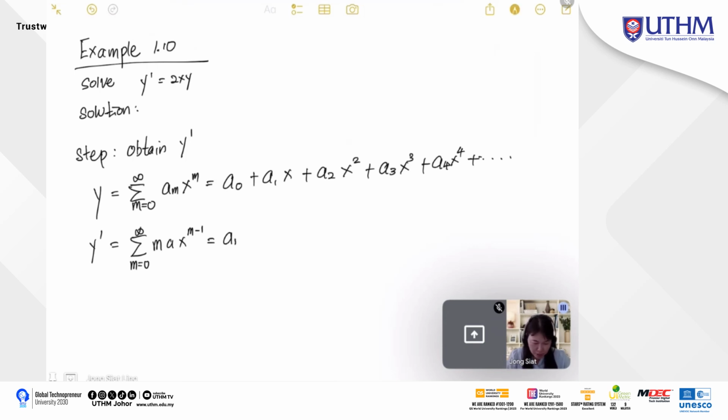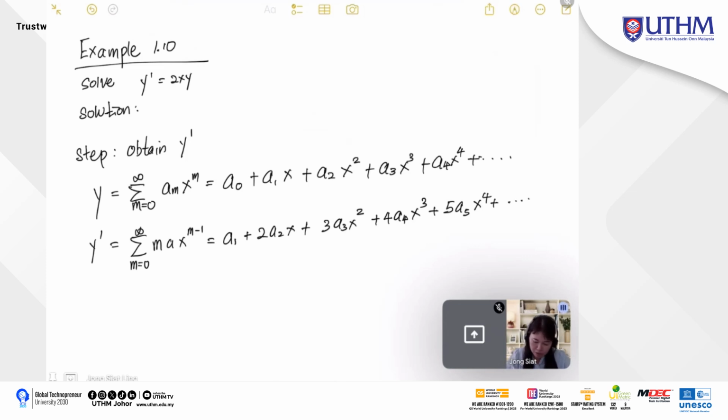So a1 plus 2a2 x plus, when m equal to 3, you get 3a3 x^2. When m equal to 4, you have 4a4 x^3, plus when m equal to 5, you get 5a5 x^4 plus so on.